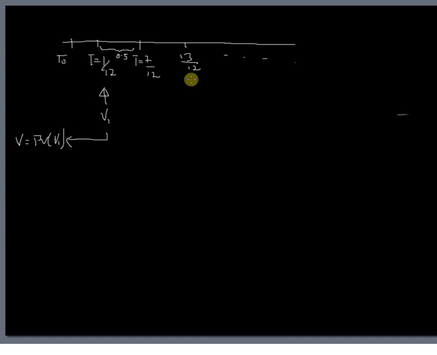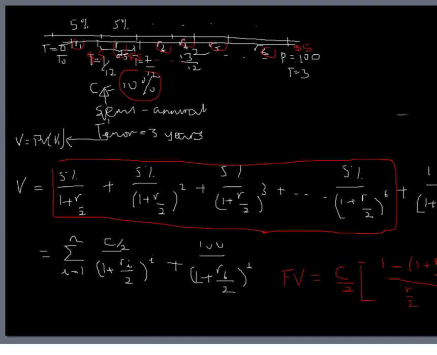Alright, so let's go back to the formula just now. Let's try to imagine a scenario where all the R's are equal, and let's find the relationship between the R and the price of the bond.